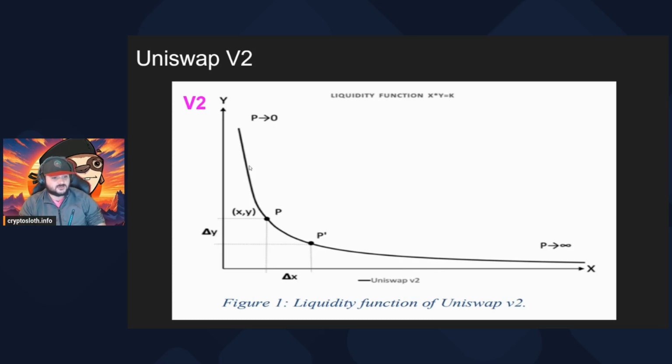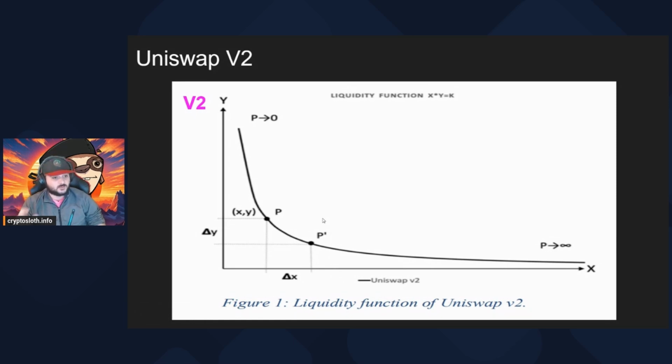The way this graph shows that is by being asymptotic towards zero, both on the x-axis and the y-axis. What asymptotic means is that these lines will continuously approach zero on the y-axis and on the x-axis, but will never actually hit zero. So it'll get infinitely close to zero, but never actually touch it, which is the definition of asymptotic.